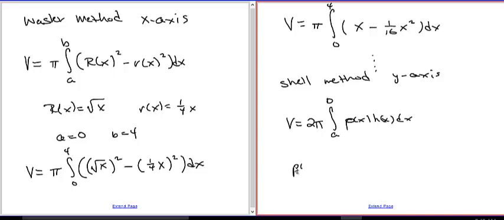So p of x, when you rotate around the y-axis, is just x. And h of x is the same two functions that defined the outside and inside radius for the washer method, but you don't square because you're looking for the difference, not the difference in the squares.